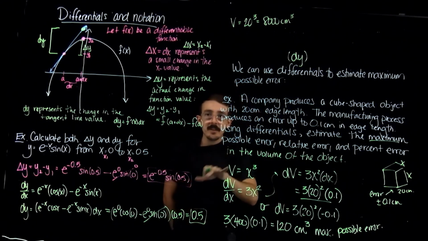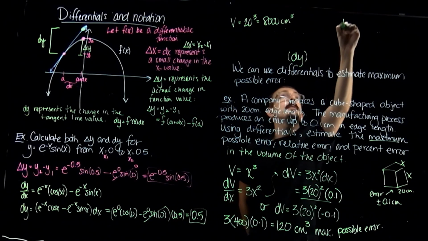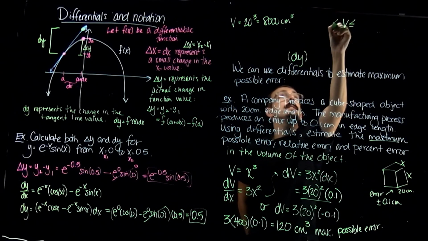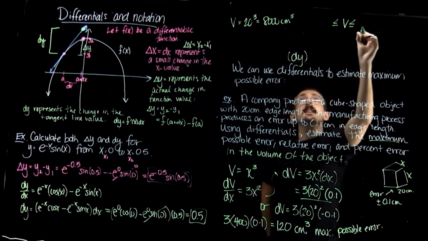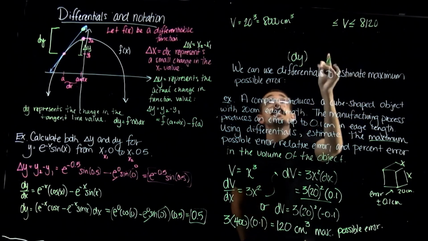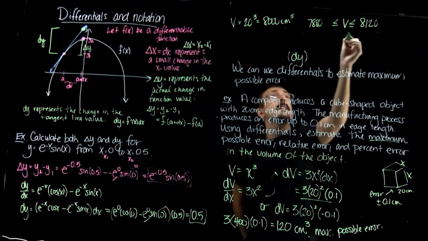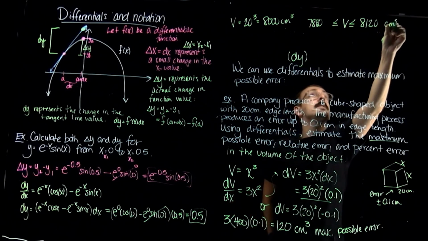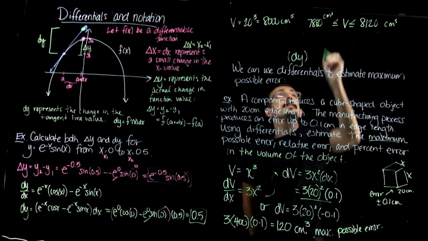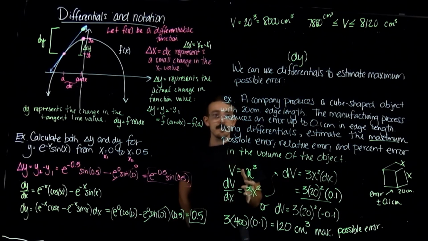So if you vary that around 120 centimeters at worst, this means that the volume is somewhere around, if I add 120 to that, it's going to be 8120. And if I subtract 120 from that, it's going to be 7880. And these are both centimeters cubed. So the volume of this cube is going to vary somewhere around there based on the error.